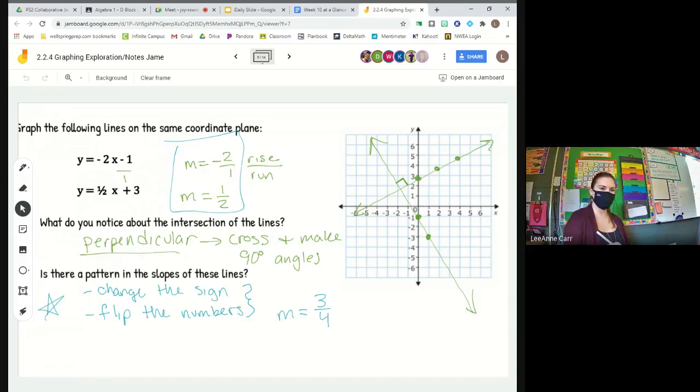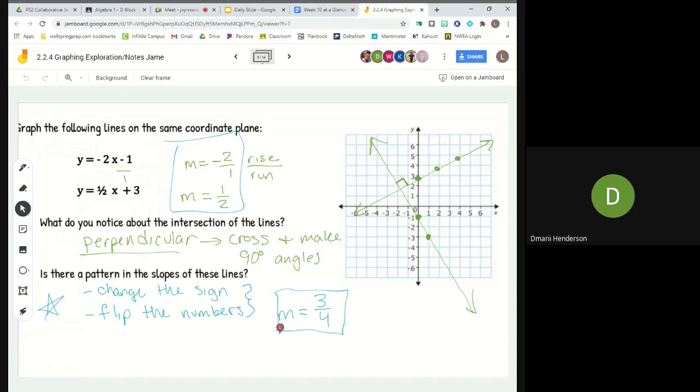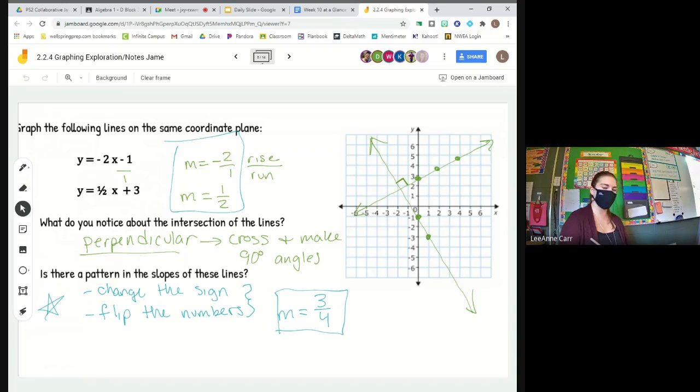This is separate from the graph. So I'm looking at this slope, the one that I've just boxed off, and following these two rules. If I wanted to make a new slope, what would my perpendicular slope look like? Following the rules that say change the sign and flip the numbers.